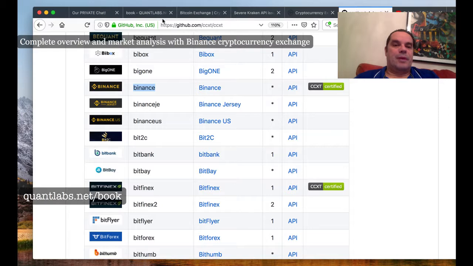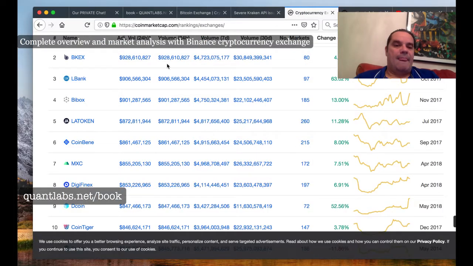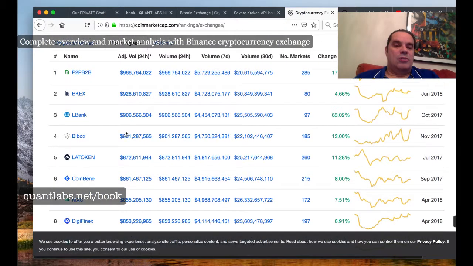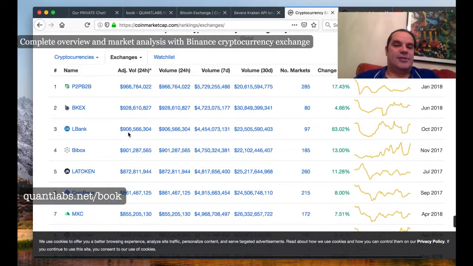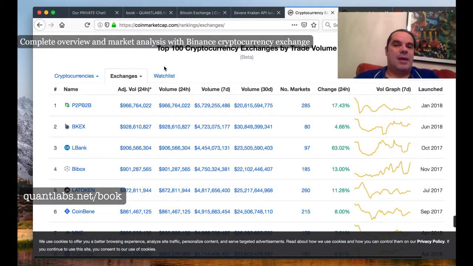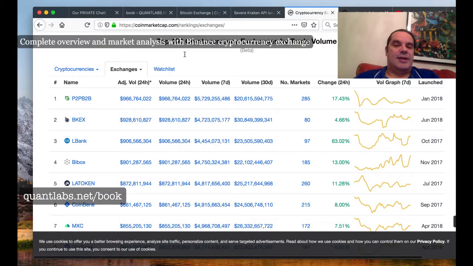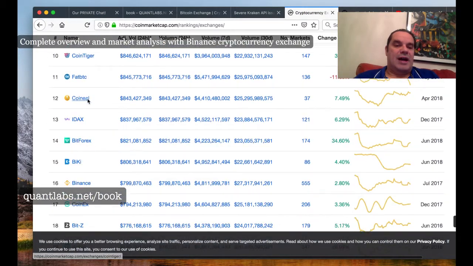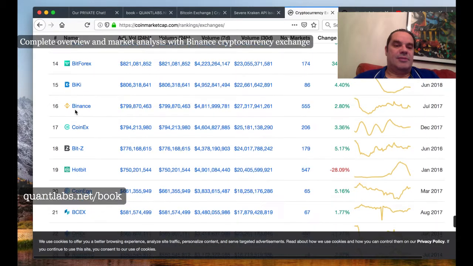A couple of big things you need to understand about Binance. First, the volumes. The volumes are pretty good, but when you look at the exchanges under adjusted on CoinMarketCap.com, you'll see that Binance is not even in the top 5. It's down here at number 16.